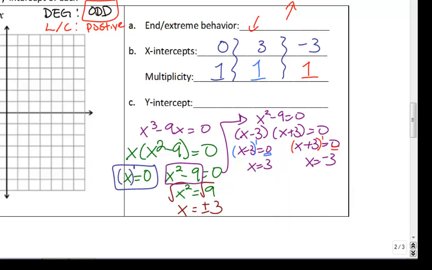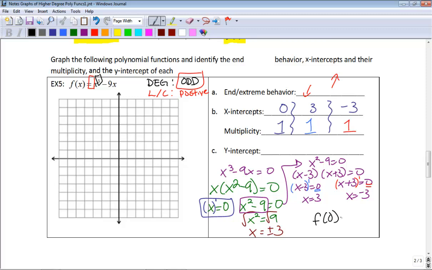So the y-intercept, what's the y-intercept? Well, the y-intercept, that's the easy part. We compute f of 0. Well, again, what does that mean? That means everywhere there's an x in my f of x, instead of writing x, I want to write 0. So let's see. I'm going to erase that so we can see our function better. Instead of saying x cubed, I'm going to say 0 cubed minus 9. Instead of writing x, I'm going to write 0.